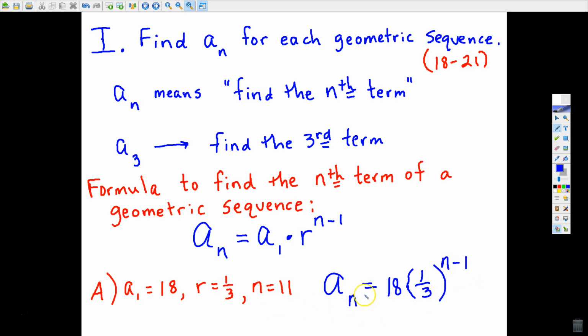Now I'm going to replace n, because I just wanted you to see how the formula works to find any nth term. They're going to get specific, and they say, okay, let's find the 11th term. N is 11. So notice what happens: n will become 11 in both of these places. So to find the 11th term, we just grab our calculator, and we plug in 18, parentheses, 1/3, and raise 1/3 to the 10th power.